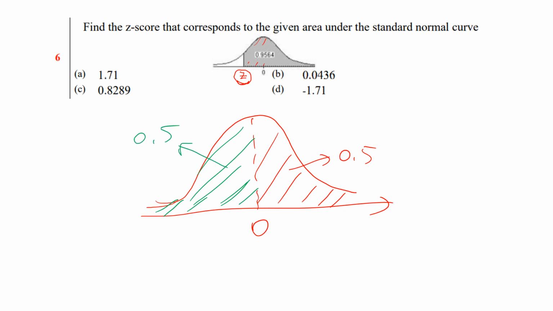But as we see, the area here is 0.9564. So basically we will have such a part, and z has to be less than 0. This is clear from the picture. So which one is less than 0? It's obviously negative 1.721.